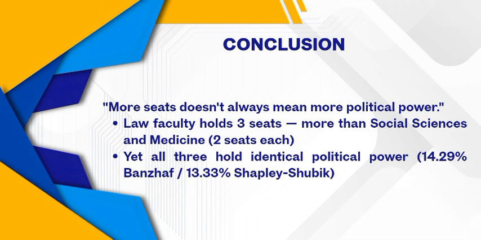But when you actually calculate their real influence, using two completely different mathematical methods, they end up with exactly the same amount of power. 14.29% under Banzhaf and 13.33% under Shapley-Shubik. So the number of seats you hold is only half the story. Mathematics, specifically combinatorics, reveals the other half, the half that actually determines what really holds the power.